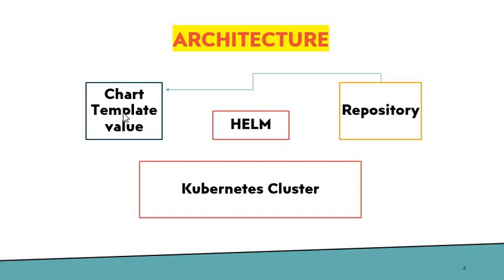When you create a chart, there are templates and values. In templates all the YAML files are there, like application YAML, deployment YAML, and service YAML files. In values you define what you want to change, which you want to provide during the deployment in the Kubernetes cluster.